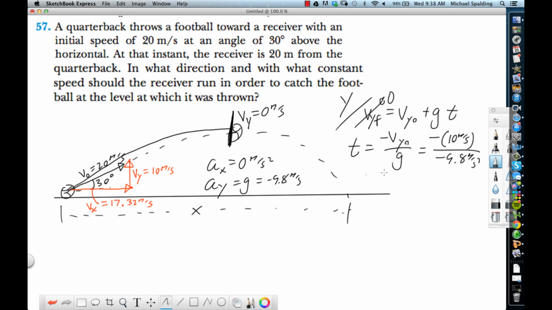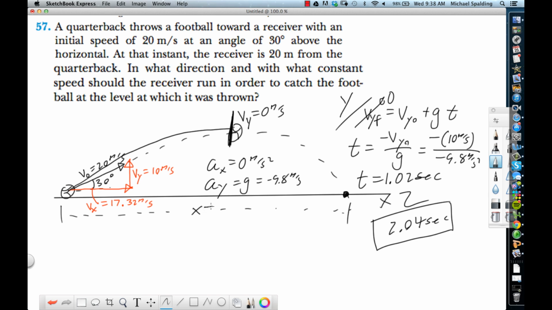So the negatives cancel. The time to the maximum height is 1.02 seconds. So what's going to be the total time to get over to here? 2.04. You just double the time up. So we now know that the total time the ball spends in the air is 2.04 seconds.